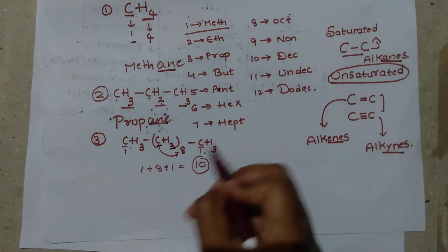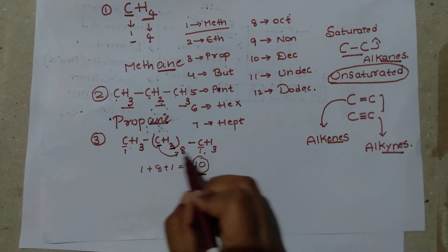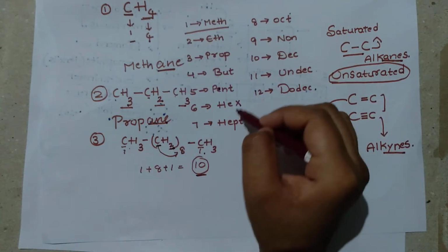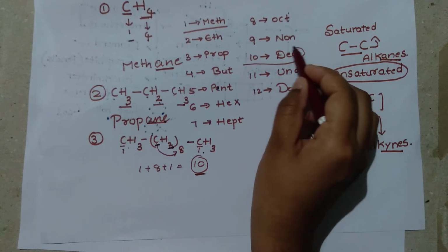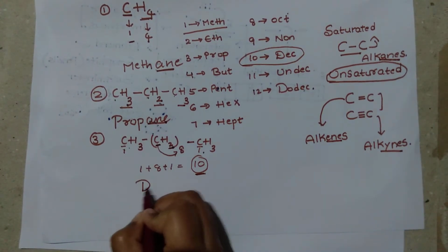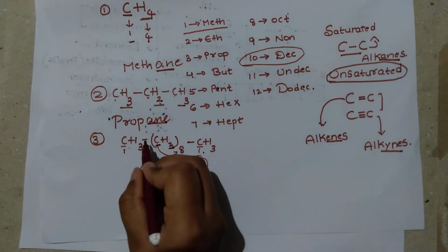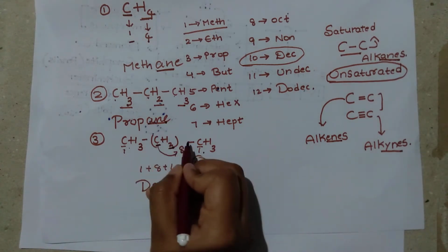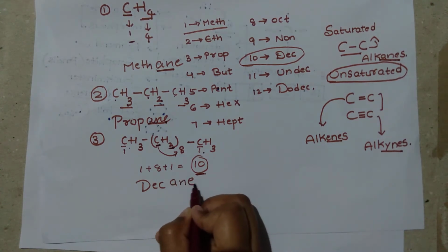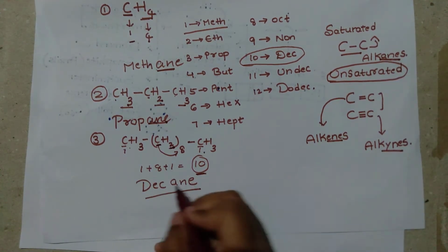So when there are 10 atoms of carbon in an organic compound, what is the name? Yeah, 10 in the sense it is dec. So we need to write dec, and here there exist single bonds between the atoms. So let us place ane beside it: decane.